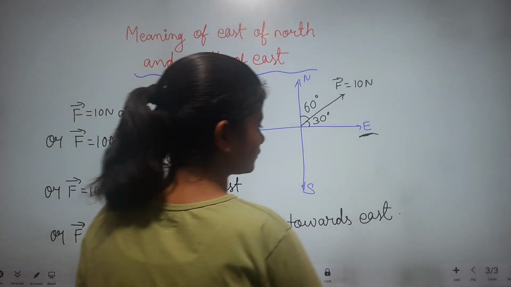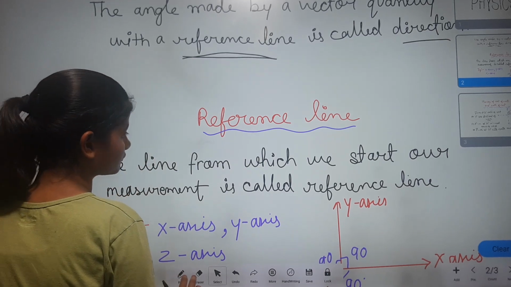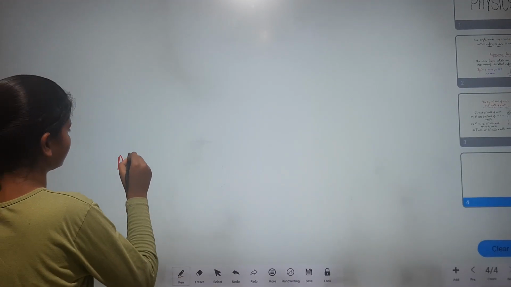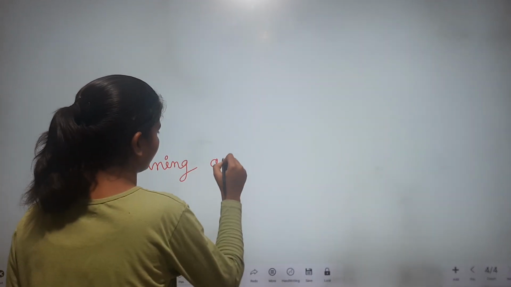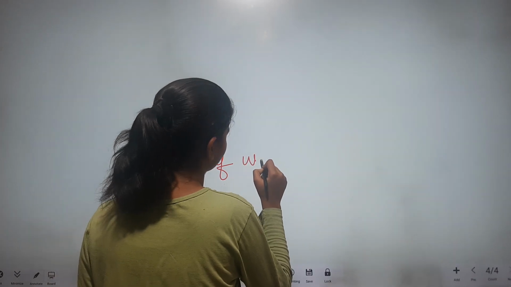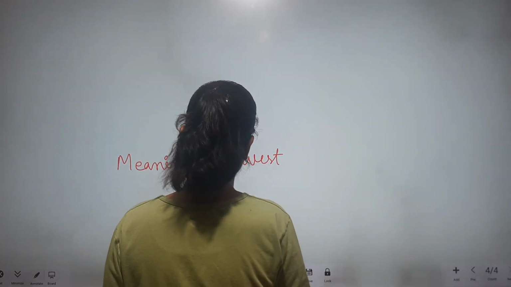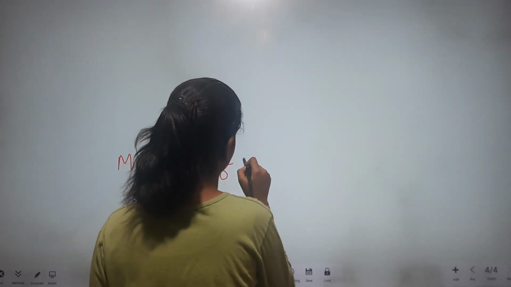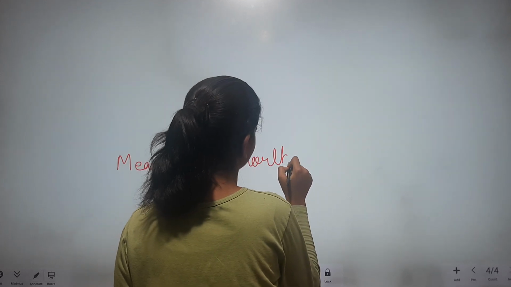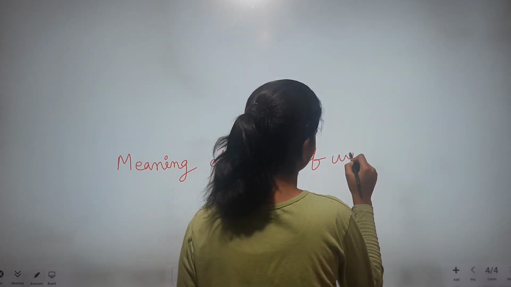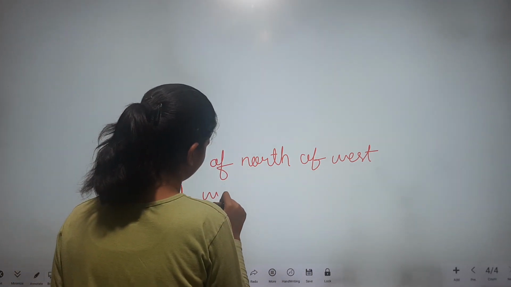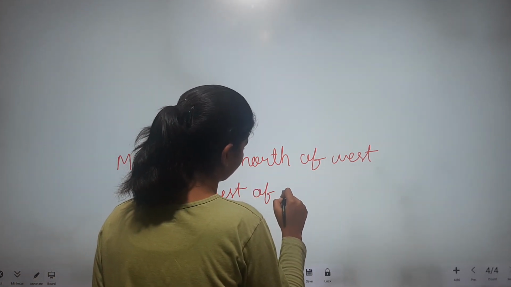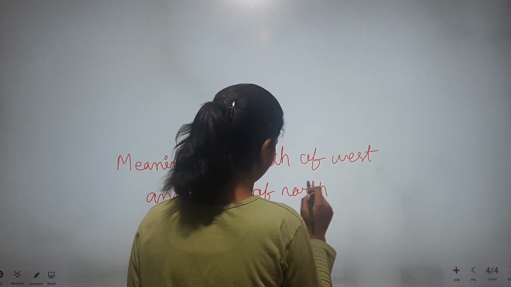Now let's move further. Meaning of west, we can write north of west and west of north.